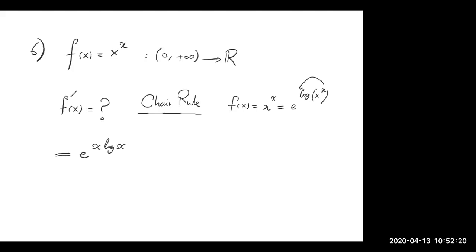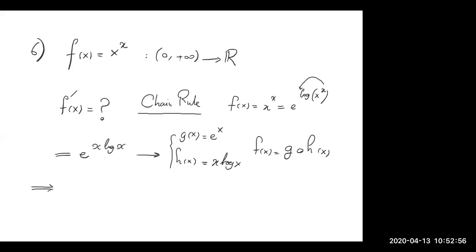Now if we define g of x to be e to the x, and h of x to be x log x, you can see f of x is g of h of x. First h of x is x log x, and then g is e to that thing, e to the h of x, which is e to the x log x.